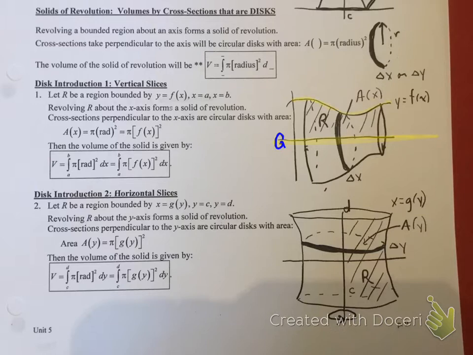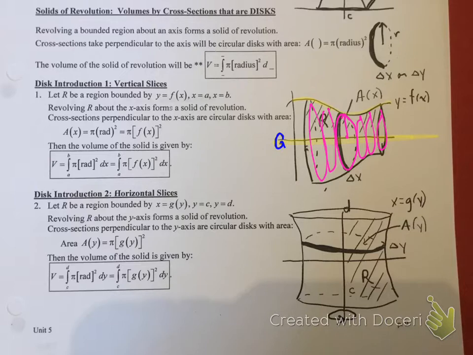So my radius is basically from the x-axis out to my function, okay? And if I revolve that radius around, I get that circular region, okay? So if I keep on making several circles, it would create this shape, all right?